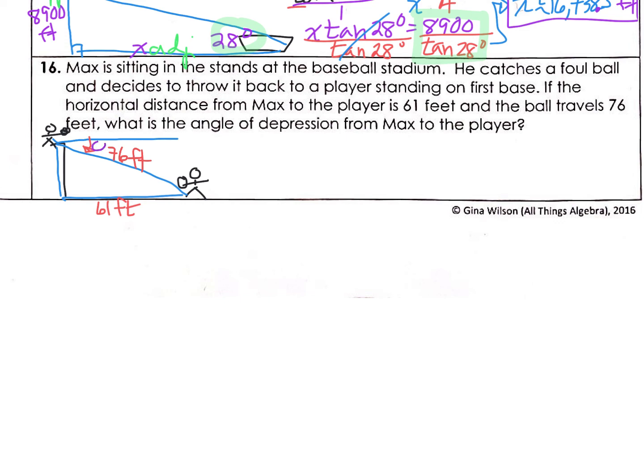So this is your angle of depression right here. We don't know what it is. And remember, if we have two parallel lines cut by this transversal, alternate interior angles are congruent. So I'm going to put the angle of depression here, which actually becomes an angle of elevation, but that's okay. Also remember that our right angle is here.